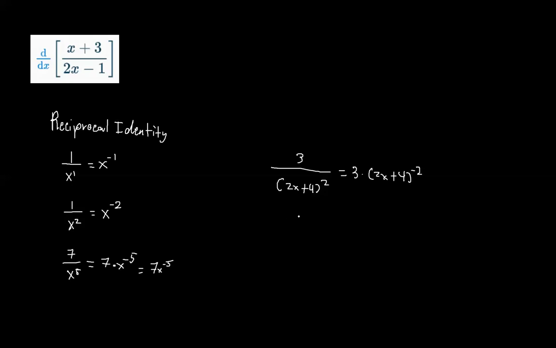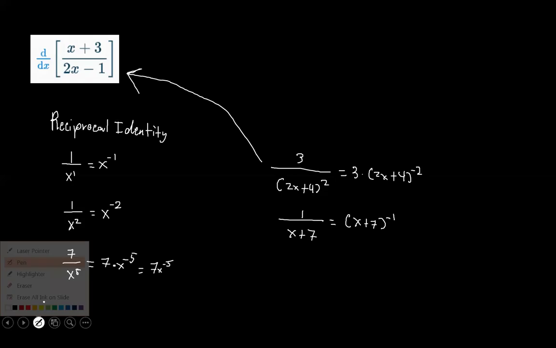Lastly, if I have 1 over x plus 7, I can rewrite this as x plus 7 raised to negative 1. That's it. All right. So I can do it in this case.